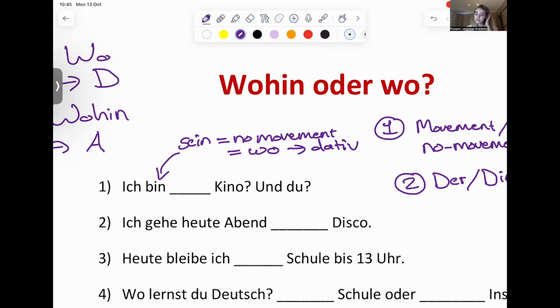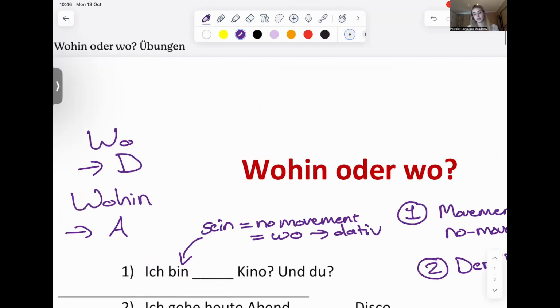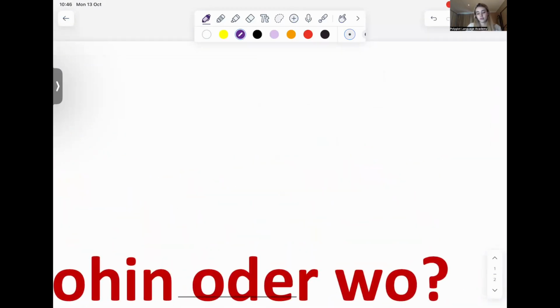Okay, so you should know this table. This is really simplified here. It helps you if you don't really know how to put the article and the preposition together, which we'll also get into. But you should know this table, which is der, die, das.